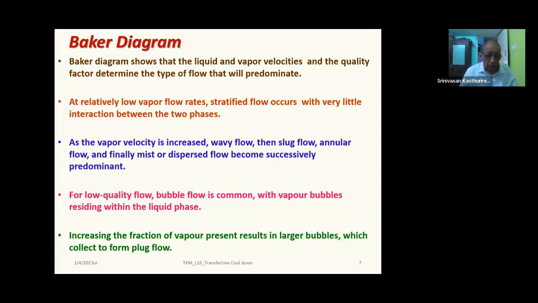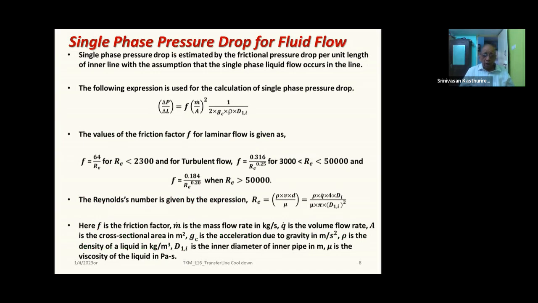Increasing the fraction of vapor results in larger bubbles, which then collect to form plug flow. This is the general phenomenon. Similar flow patterns are also present in vertical flows. I'm not discussing that part here because it will be almost the same in most cases.